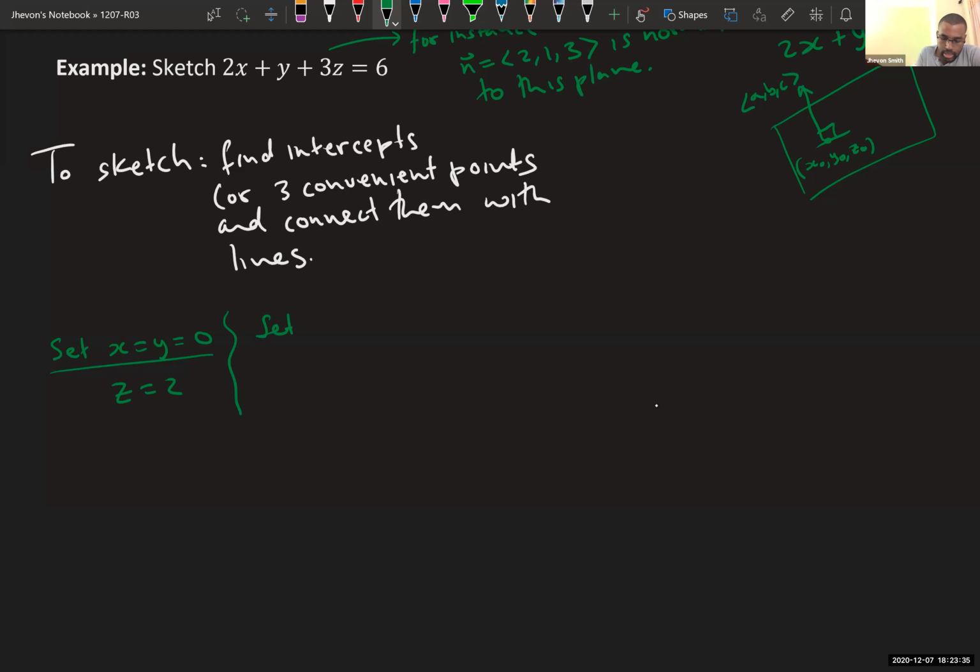I can set, say, x and z equal to 0. Immediately, you will see that y equals 6. I can set y and z equal to 0, and I would get x equals 3. So set 2 variables equal to 0 at a time.